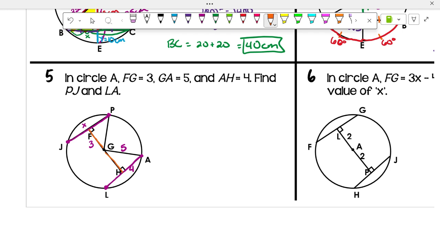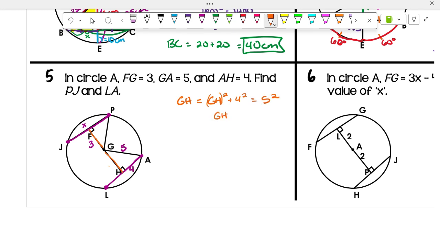So if they're equidistant, that means that I can use what theorem to find GH? I need to find GH first. Pythagorean theorem. So this will be GH squared plus 4 squared is equal to 5 squared.